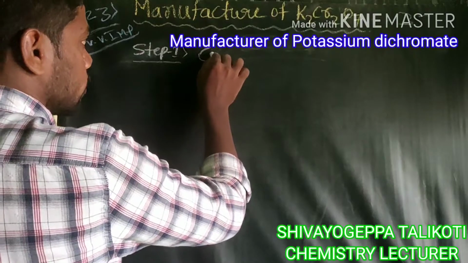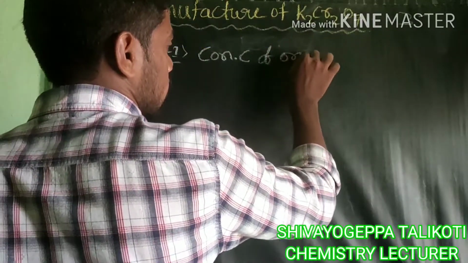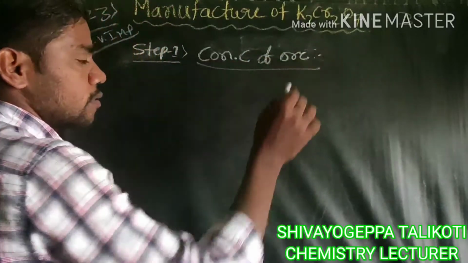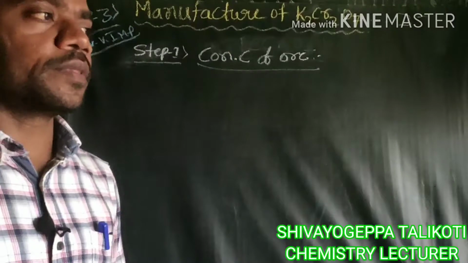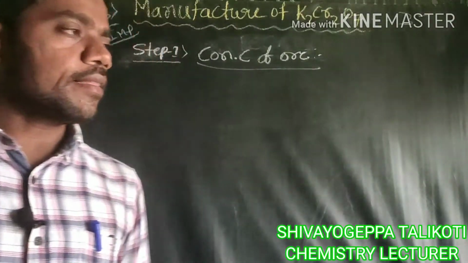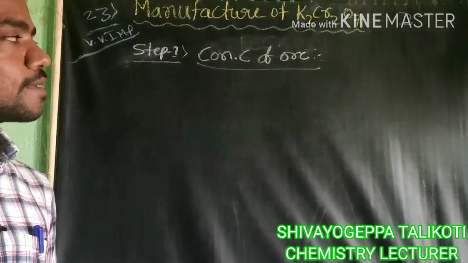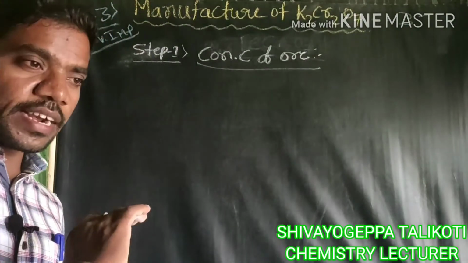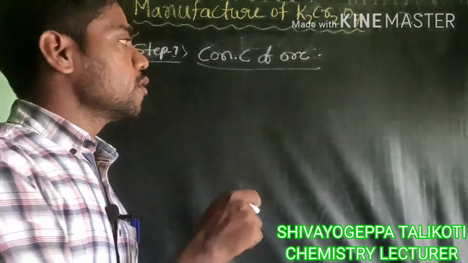The first step is concentration of the ore. I think you know this from metallurgy. What is meant by concentration of ore? In this step, we remove the unwanted impurity, the waste part of the ore.